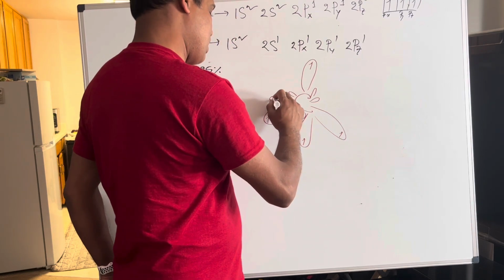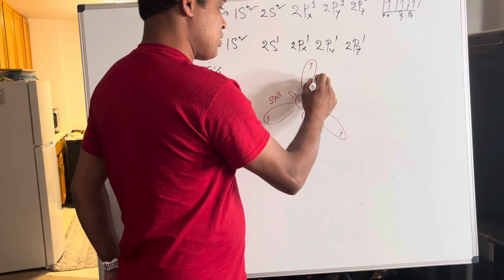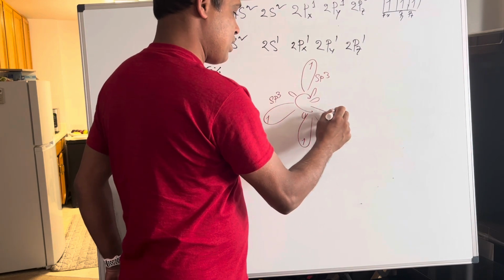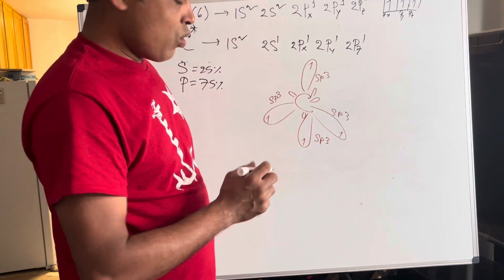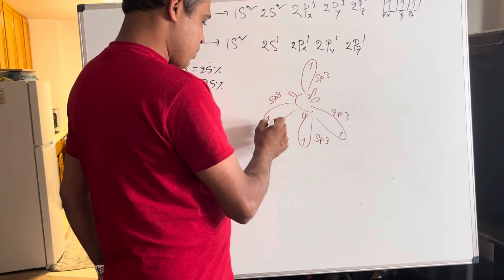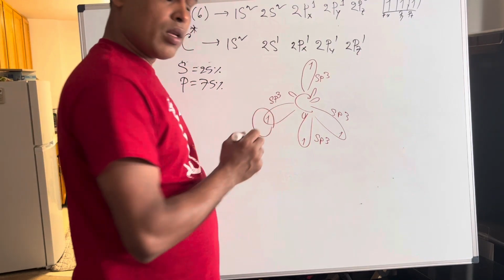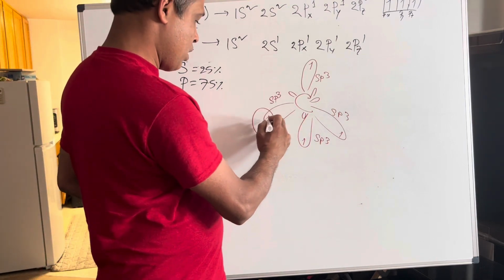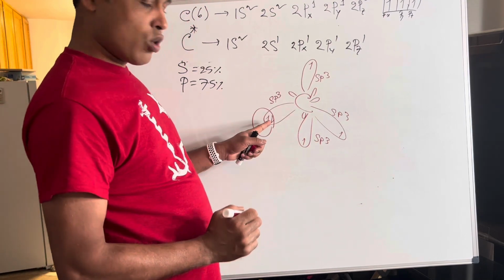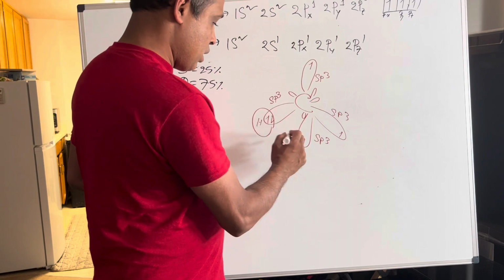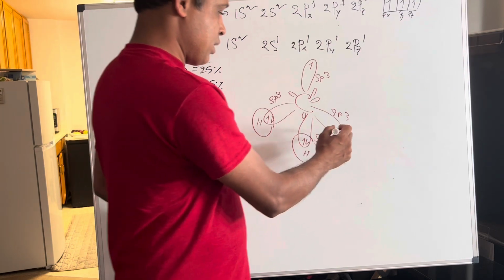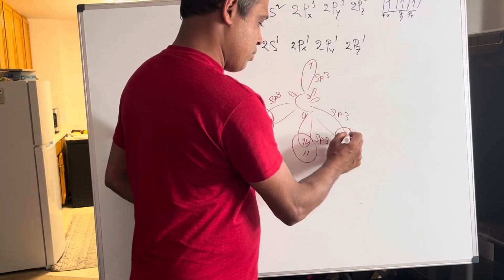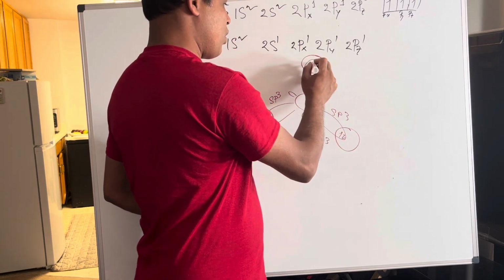So it is sp3, it is sp3, it is sp3, and it is also sp3. Now when one hydrogen overlaps with this, you know that hydrogen has one electron, so another hydrogen comes and overlaps with this, another hydrogen comes and overlaps with this, and another hydrogen overlaps with this.